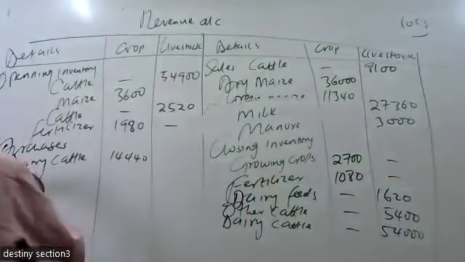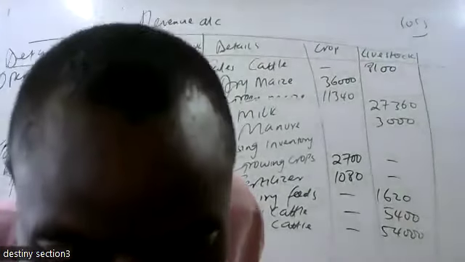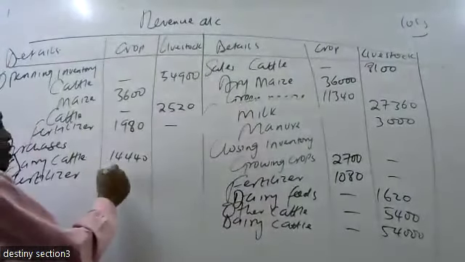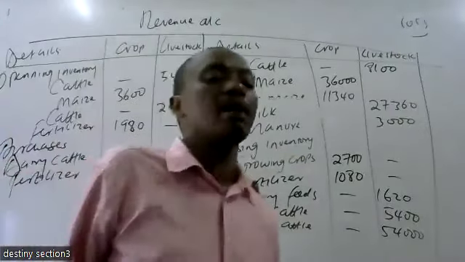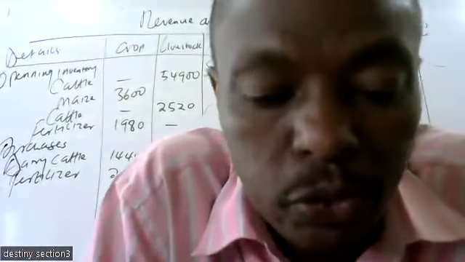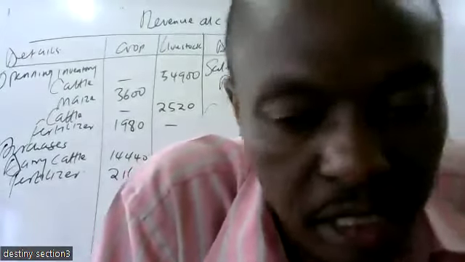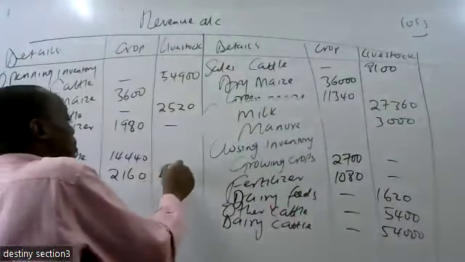We have fertilizer for maize. If it is for maize, that 2160 will go to crop. But the one for napier grass will go to livestock. How much was the fertilizer for napier grass? 4,000. Thank you. It goes to livestock.